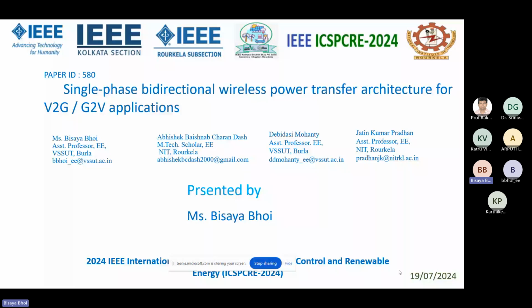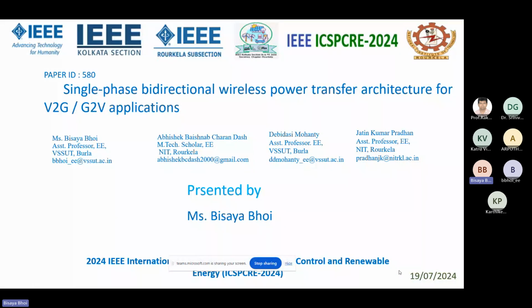Good afternoon, all of you. My topic is single phase bidirectional wireless power transfer architecture for V2G or G2V application. Nowadays, electric vehicles are increasing more and more, and renewable energy is one of the most essential things.